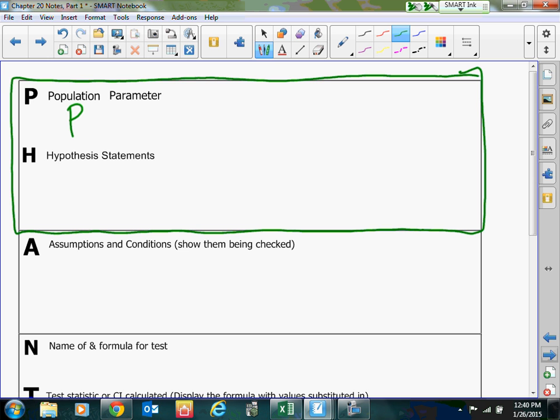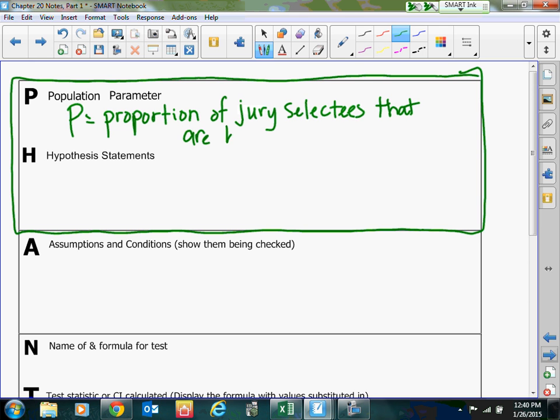So we have to identify the proportion of jury selectees, those selected for jury duty, the proportion of jury selectees that are Hispanic. Now we're making a claim about all jury selectees, not just one sample we took, all jury selectees.